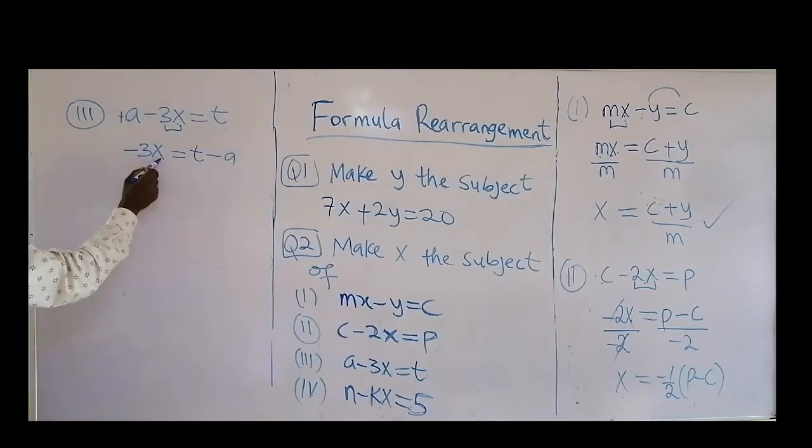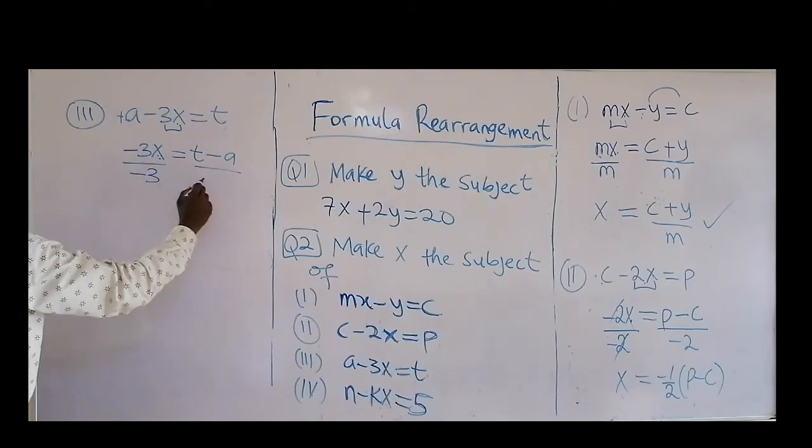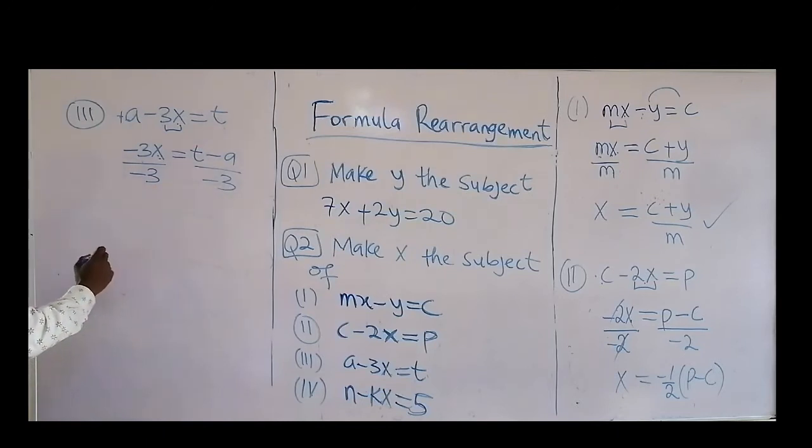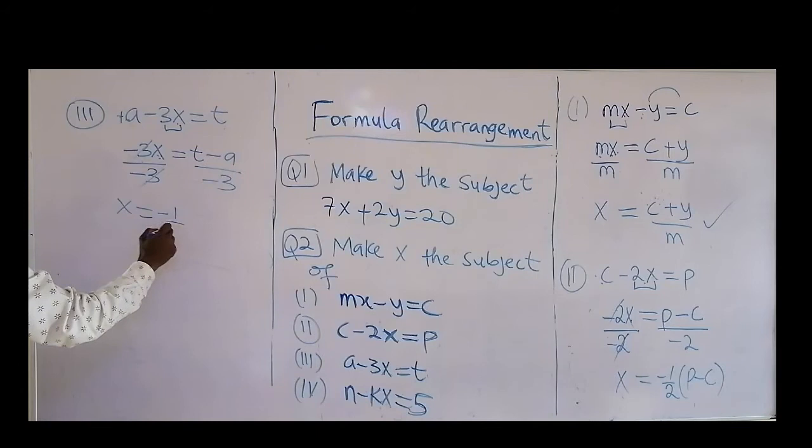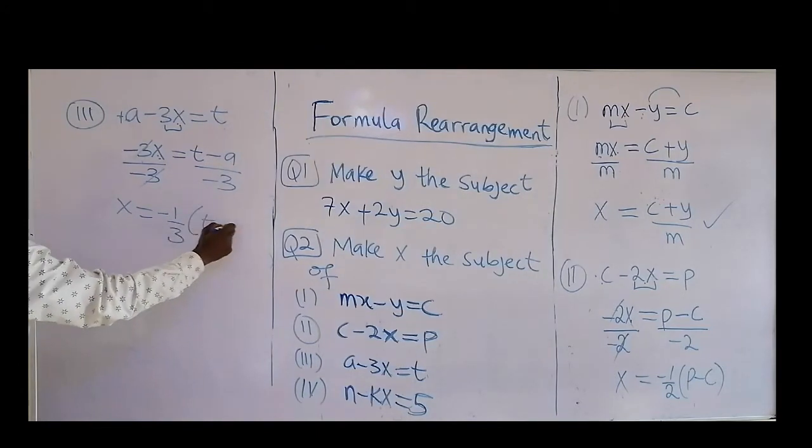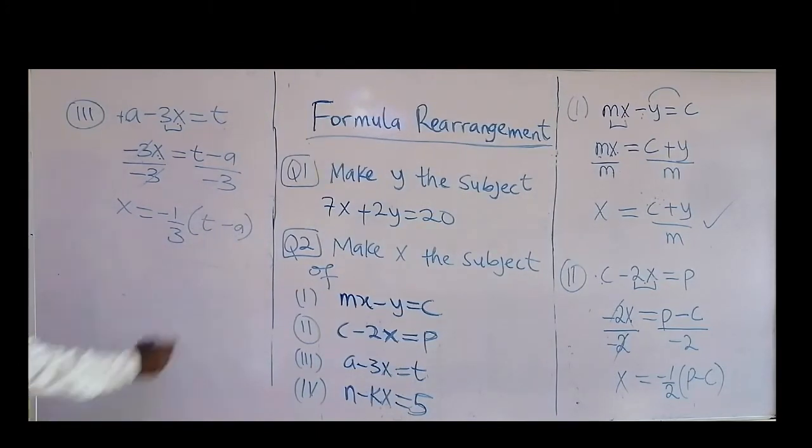Then this x has a coefficient, which is minus 3. Use it to divide both sides of the equation. So this will cancel, then you have minus 1 over t minus a, that is minus 1 into t minus a. You can leave it this way if you want to.